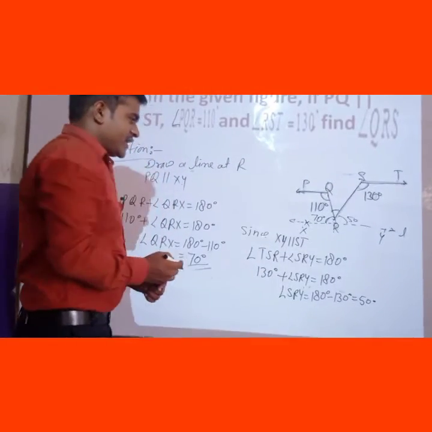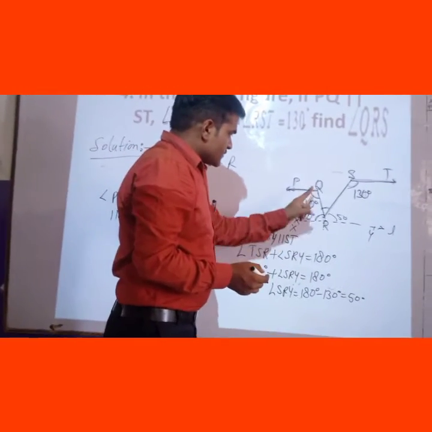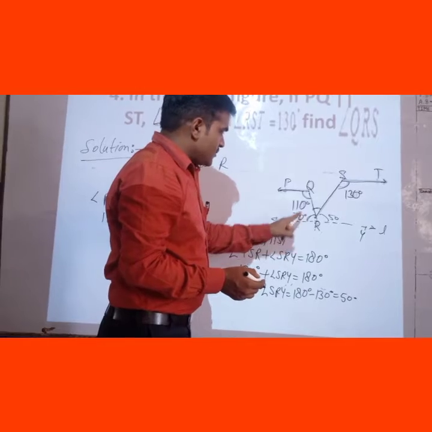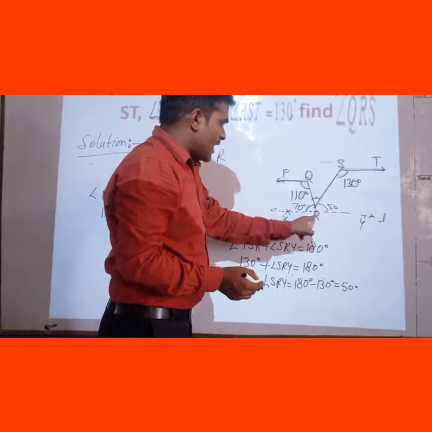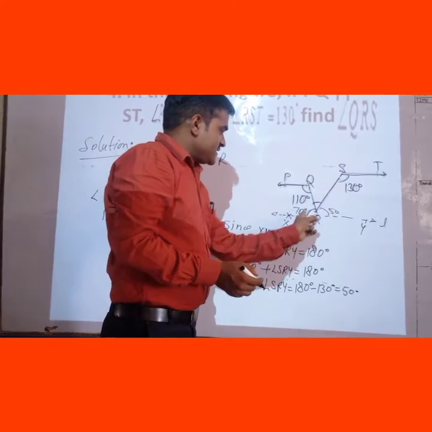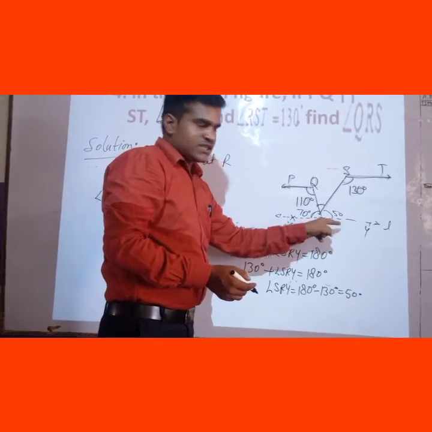So by linear pair, angle QRX plus angle QRS plus angle SRY is equal to 180 degree. Yes, by linear pair.